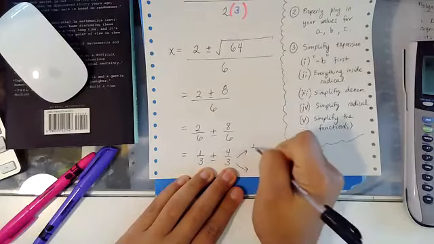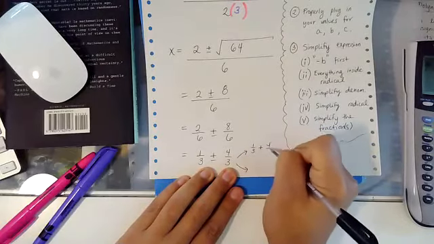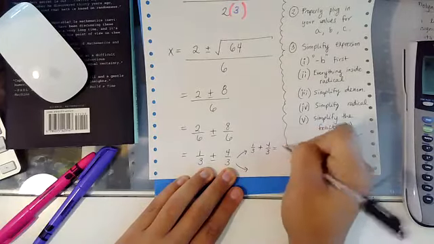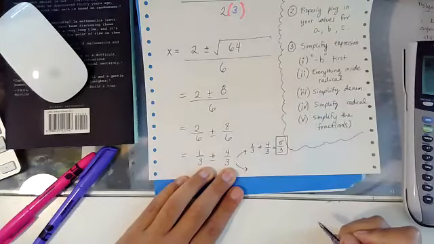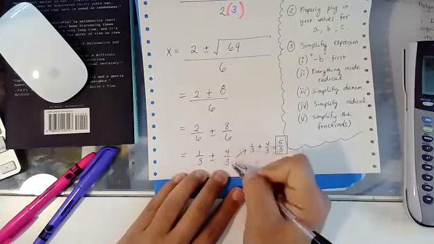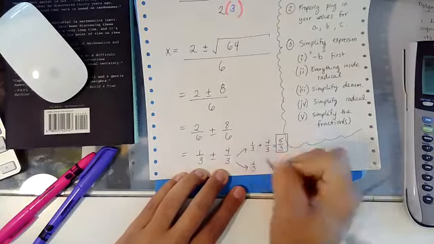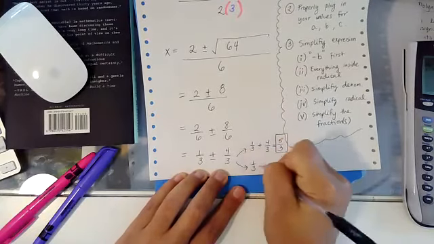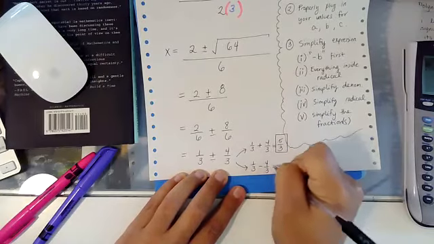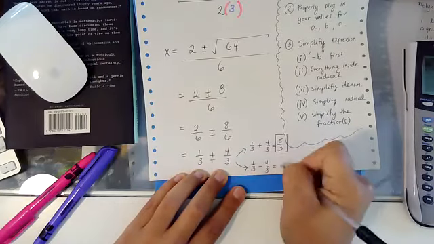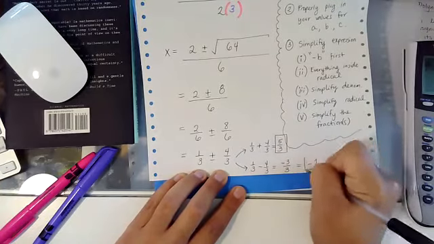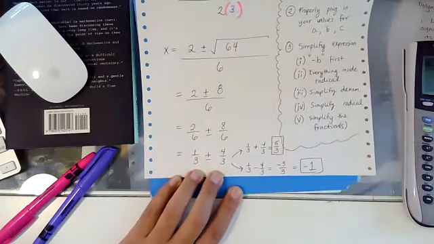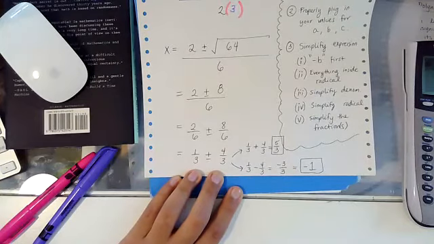The first is 1/3 plus 4/3, which sure enough is 5/3. And the other option would have been 1/3 minus 4/3, which is going to be negative 3/3, which reduces to negative 1. So you do indeed get the same solutions.